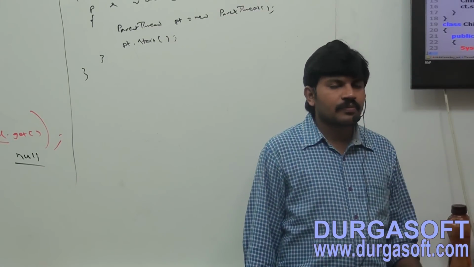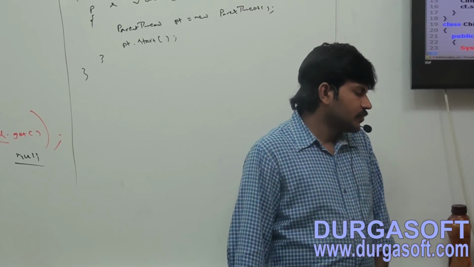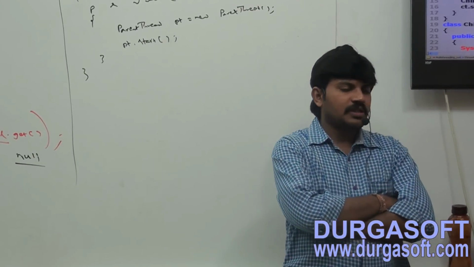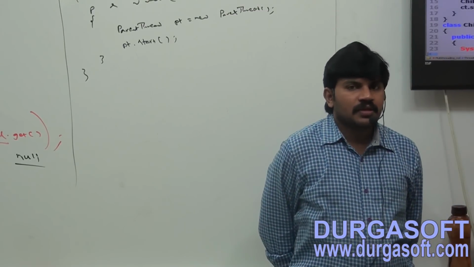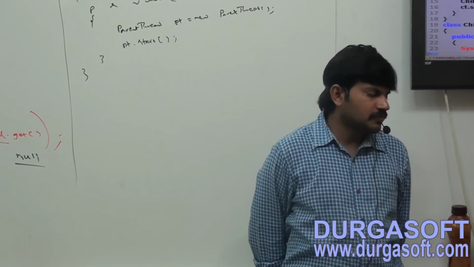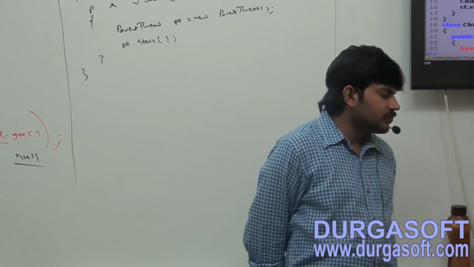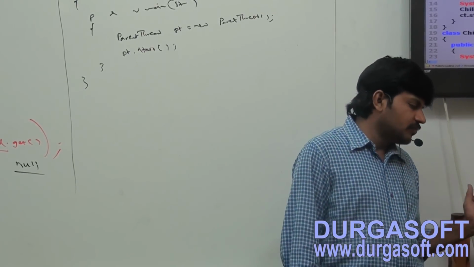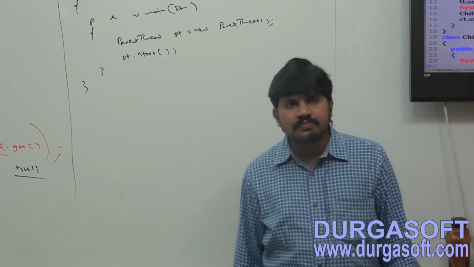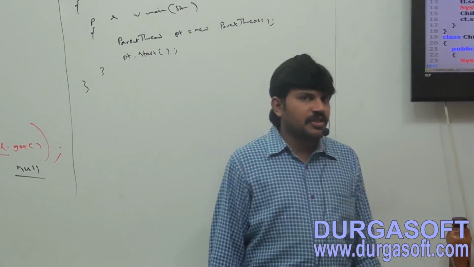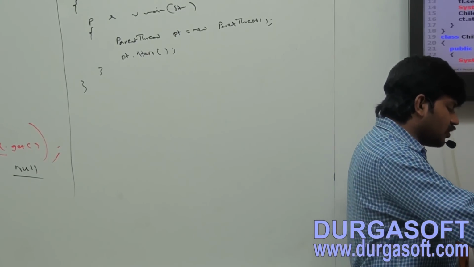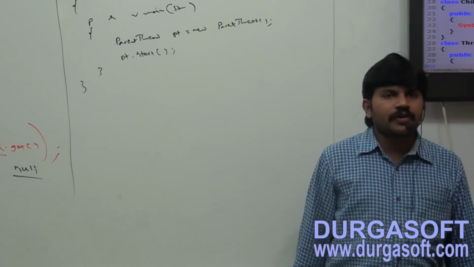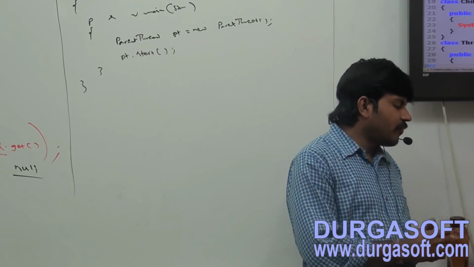By default, the child thread's value is exactly the same as the parent thread's value, but we can provide a customized value for the child thread by overriding which method?